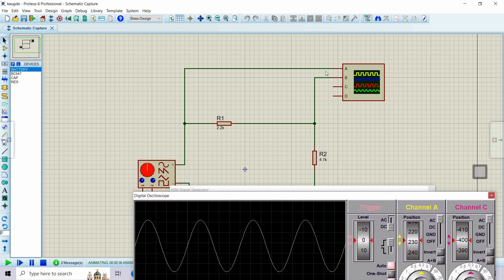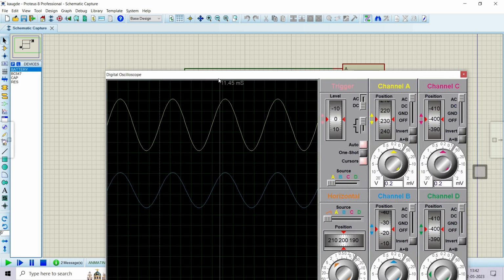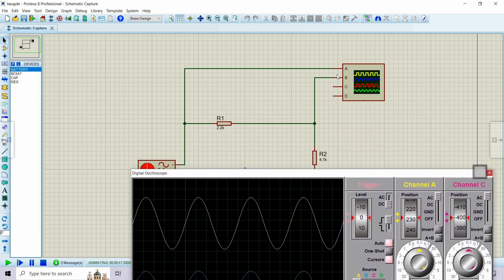You can clearly see this yellow color wire, A, which I had joined to the input side, and this is where my signal is being generated. So this is my Vs source, represented with yellow. The output I am seeing with the blue color, that is B, which I had connected across 4.7k, the output.